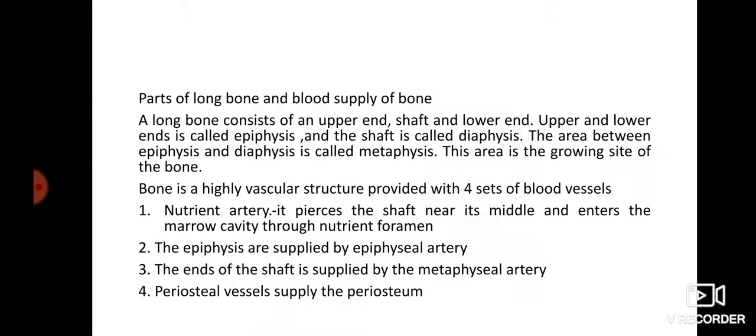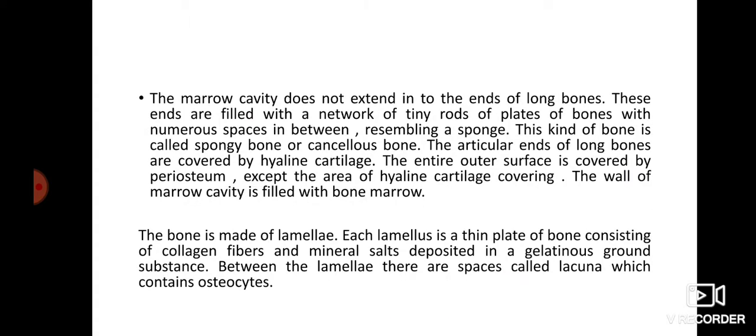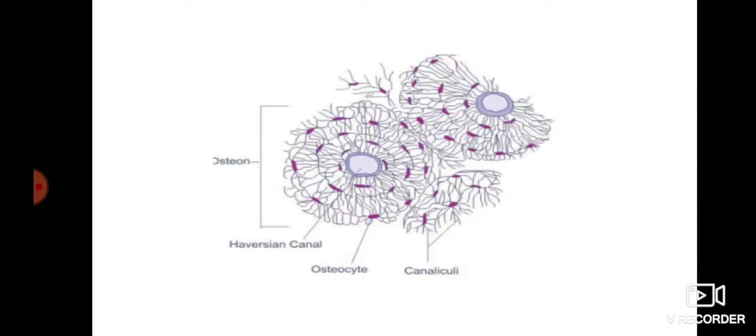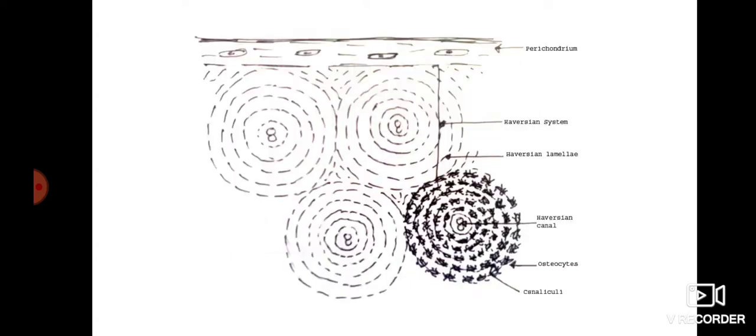Each compact bone is made up of several units called Haversian systems. They are the structural and functional unit of a compact bone. Now we'll see what a Haversian system is. See, this is a Haversian system.